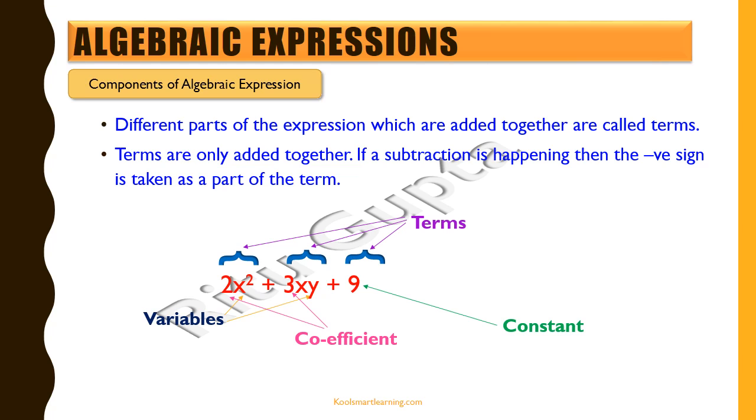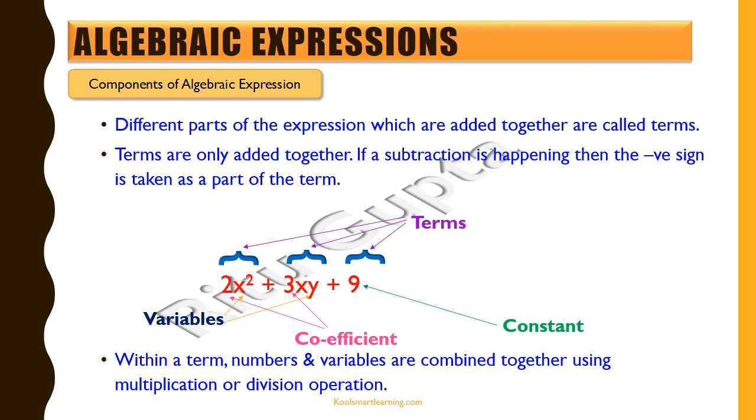If we change this equation to 2x square minus 3xy plus 9, then the terms would be 2x square and minus 3xy and 9, and these three terms are actually added together. So it is important to understand that in an expression the terms are only added together. There are no subtractions happening in the terms.